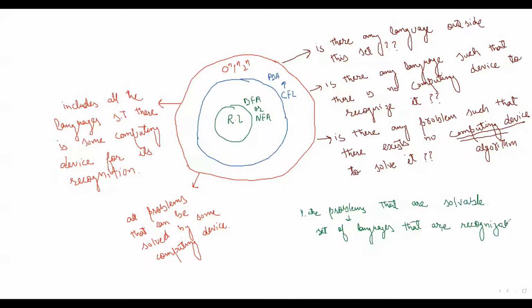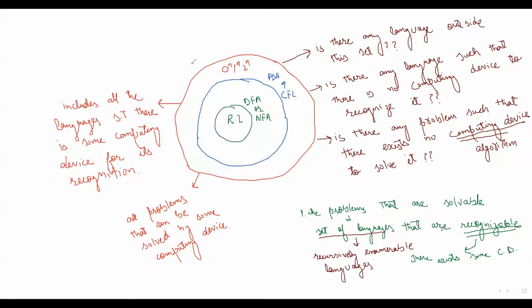What is the meaning of recognizable? Recognizable here means that there exists some computing device to recognize this set. So this set of languages that are recognized, all those languages are called recursively enumerable languages.